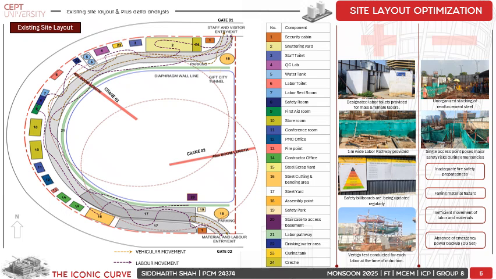the site layout is shown here, and the current labor and vehicular movement is also shown in the layout. As you can see, there are two gates on the north and the south.